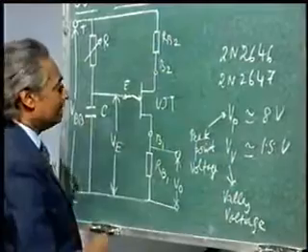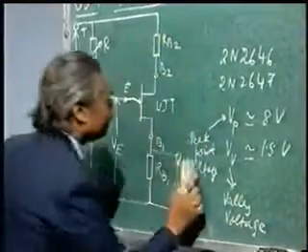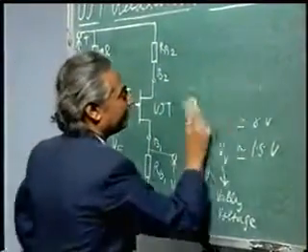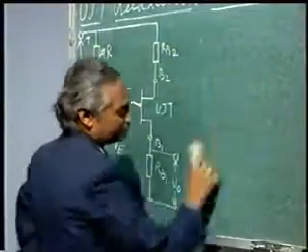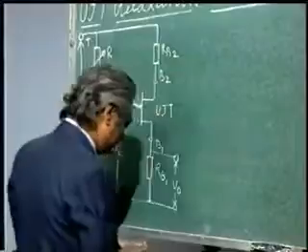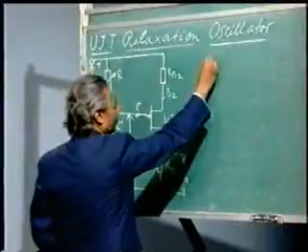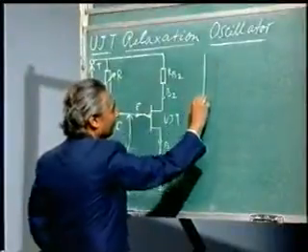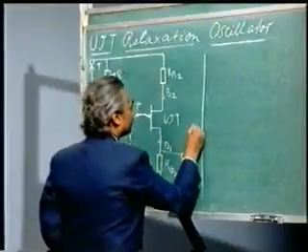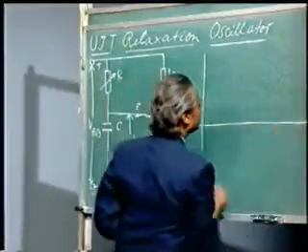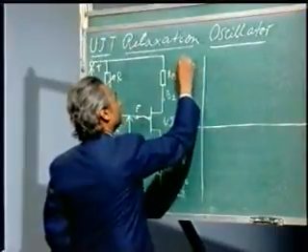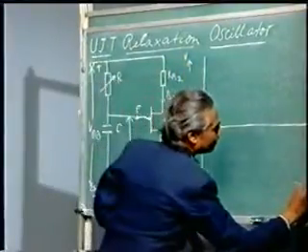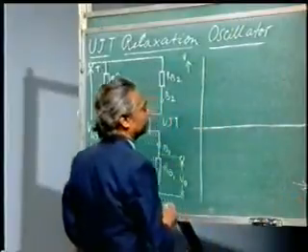Right? Now let us see what will be the shape of charging, discharging, and what you will get as output across B1. If I draw it like this, this is V and this is I, that is current.